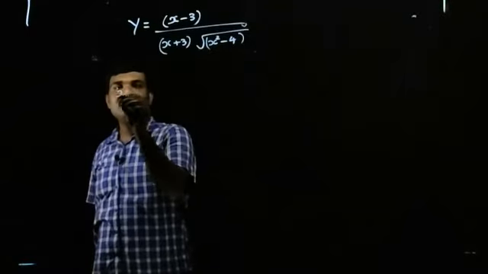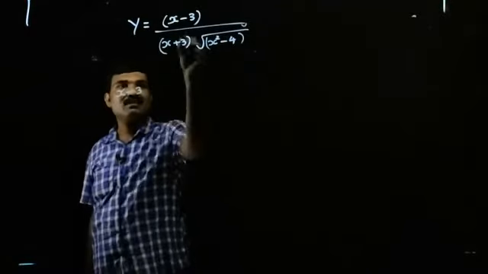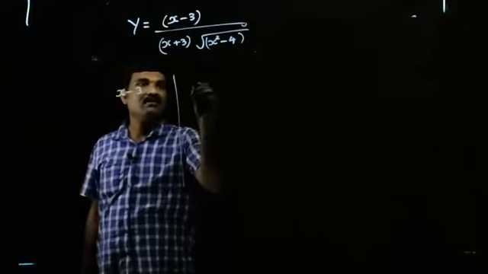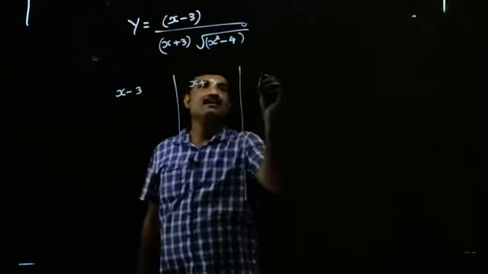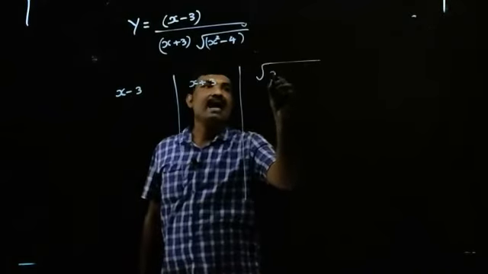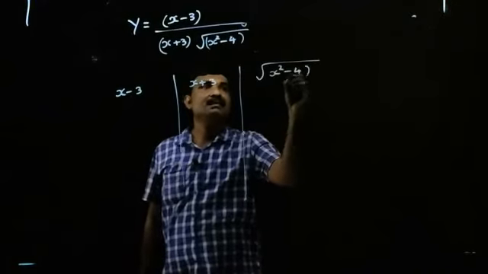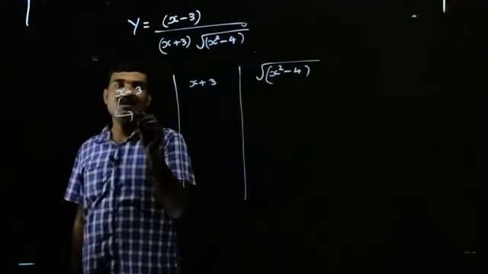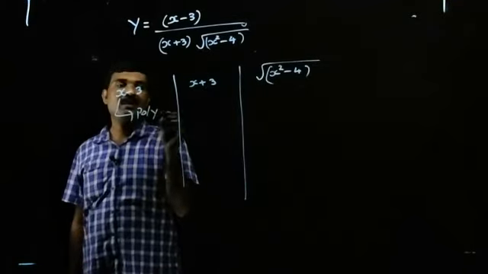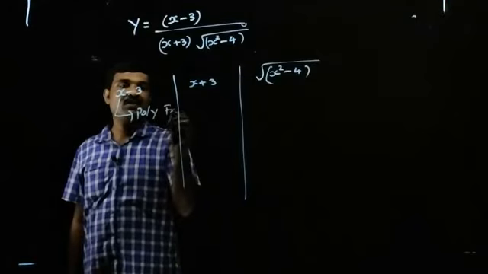Now I am writing x minus 3, the first term of the function. Here we can write x plus 3. Here we can write square root of x square minus 4. Right. This is a first order polynomial, a first order polynomial function.